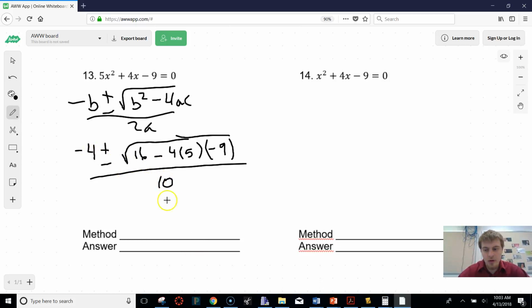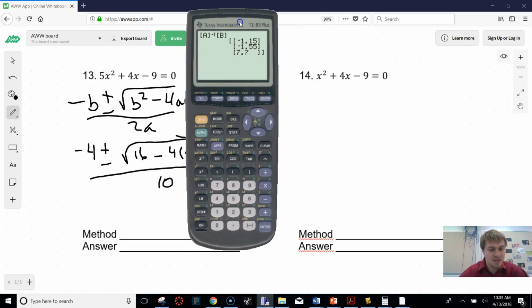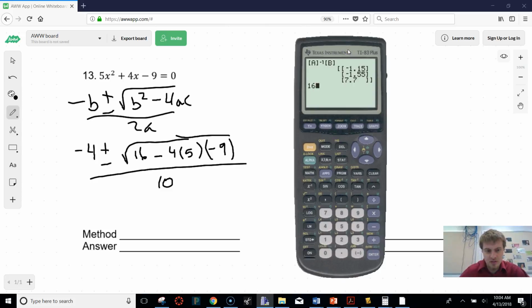So now this should break up into 2 problems. I'm going to put that whole square root thing in my calculator so I don't have to worry about making a sign mistake or anything else. So 16 minus 4 times 5 times negative 9, and that's 196. Then I'm going to do the square root of 196, and that's going to give me 14.